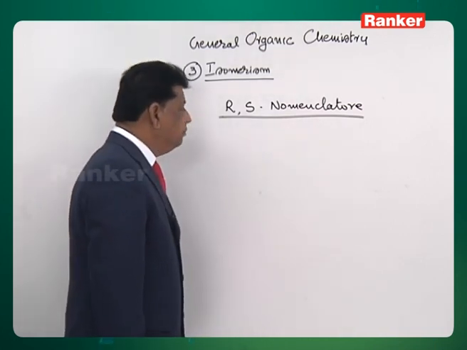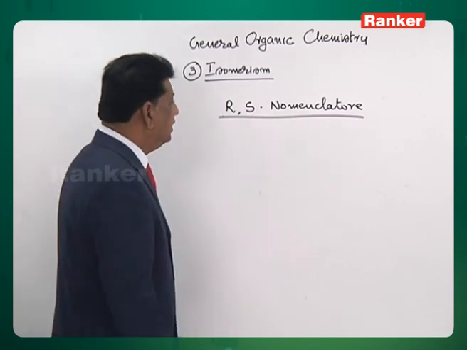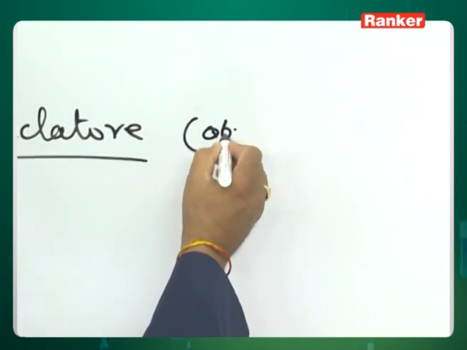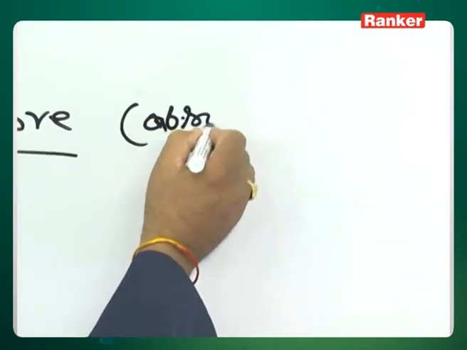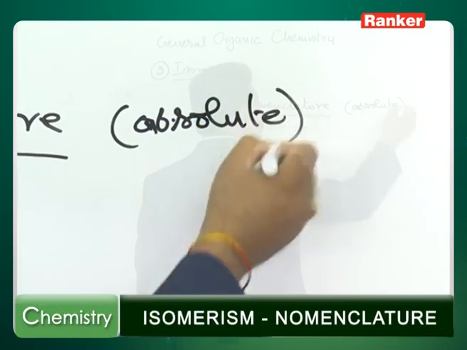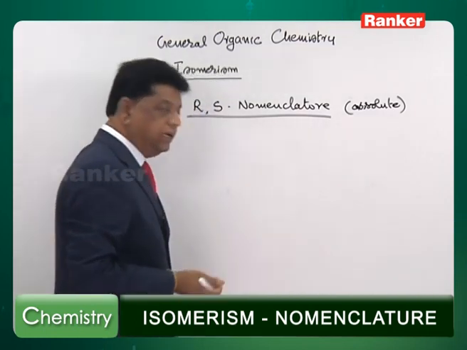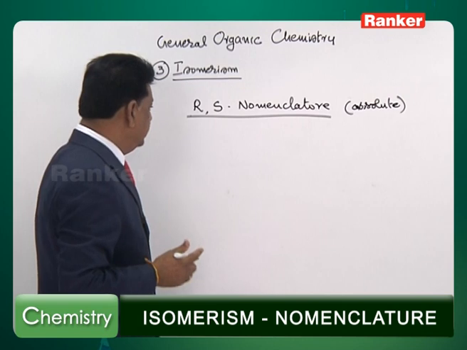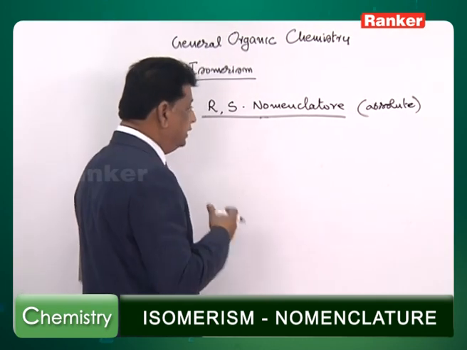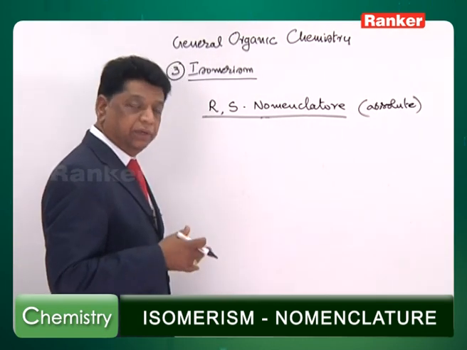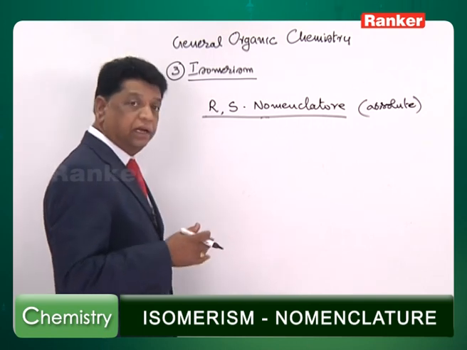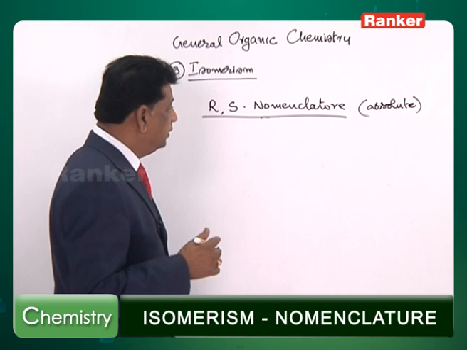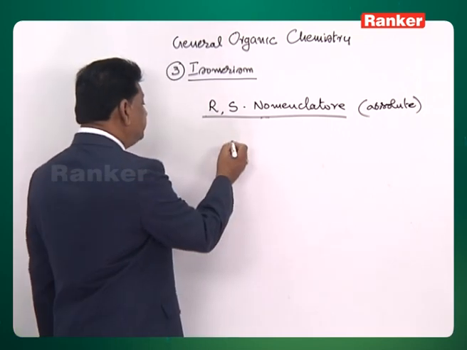This is another method called the RS nomenclature, also called the absolute method. Without referring or connecting to other compounds, we are giving it, therefore it is called the absolute method. So the DL nomenclature is a relative configuration. Here this is the absolute method, the RS method.